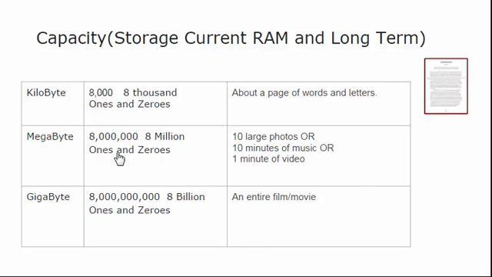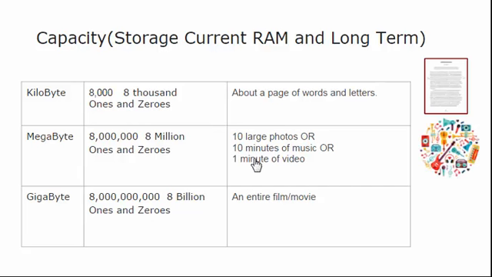All right, 1 megabyte. That is equivalent to about 8 million ones and zeros. That's a good number of ones and zeros. So you have a choice. You have to pick. It's not all of these three as an example. It's one of these. You can choose, okay, I'm going to use those 8 million ones and zeros for 10 large photos.